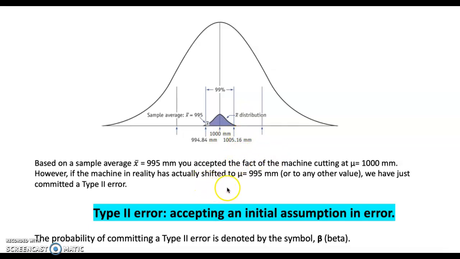In reality, the mu changed to 995 millimeter. Then we are committing a type 2 error, accepting an initial assumption in error, saying the machine is cutting 1000 millimeter, but in actuality it has shifted to 995 millimeter. The probability of committing a type 2 error is denoted by the symbol beta.